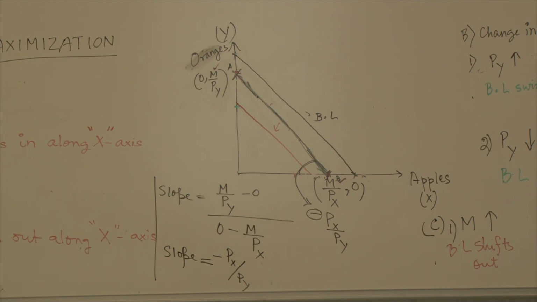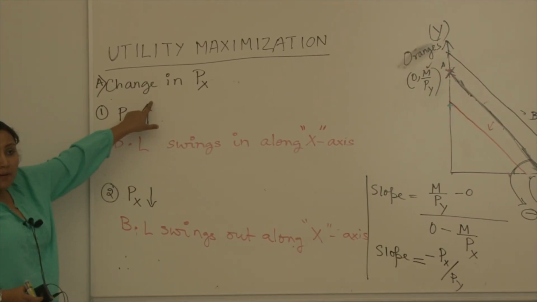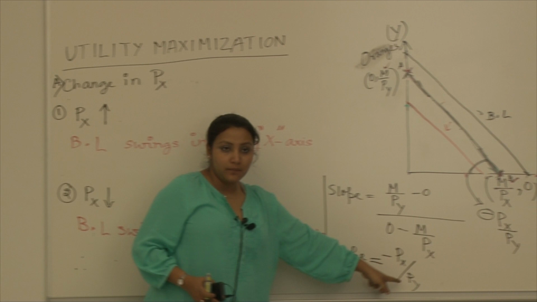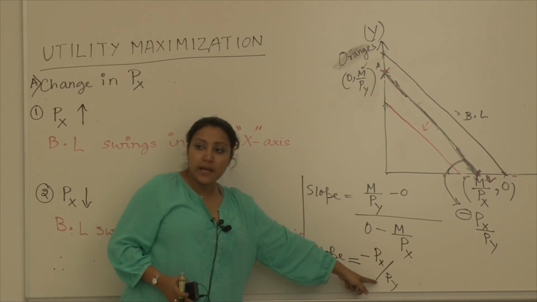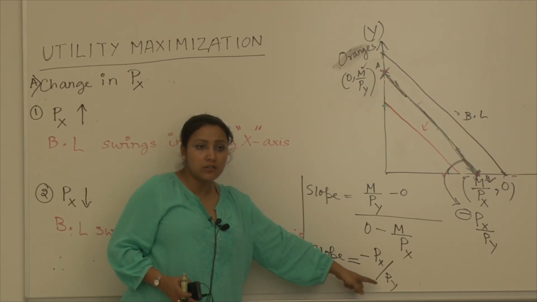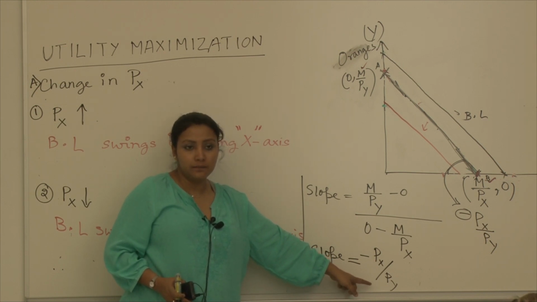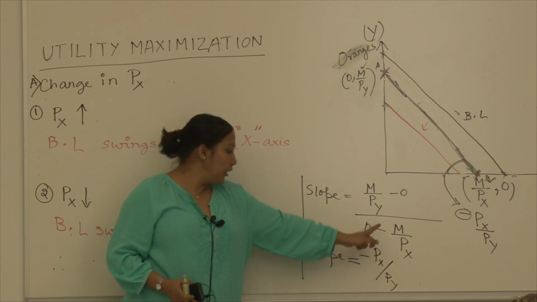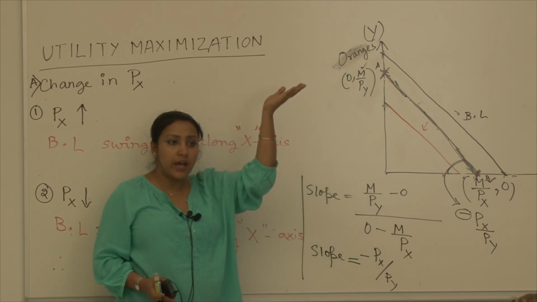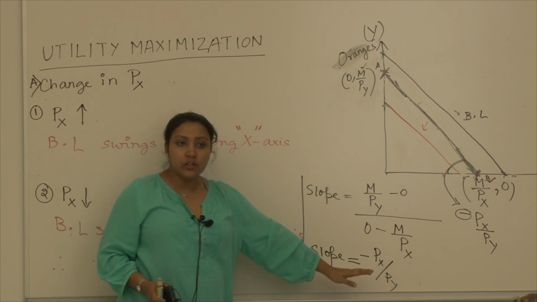Okay. So, now when we were considering the first case and we were saying that Px goes up, what happens to that slope? If only Px goes up, does the slope increase or decrease? The value goes up, right? If the numerator goes up, then the fraction increases in value with no change in the denominator.